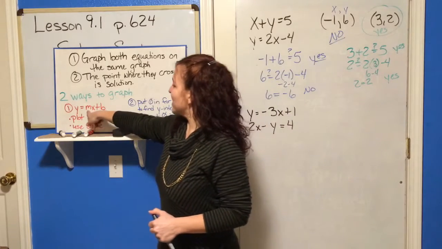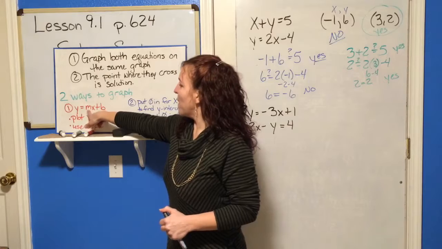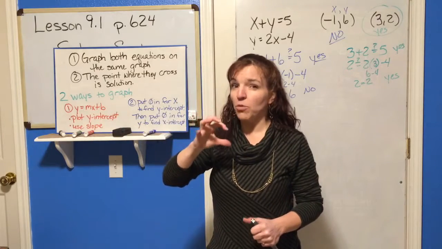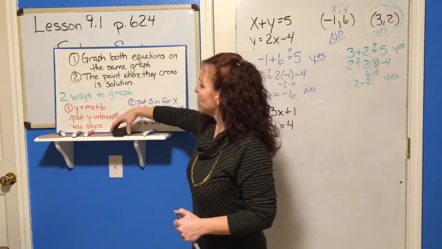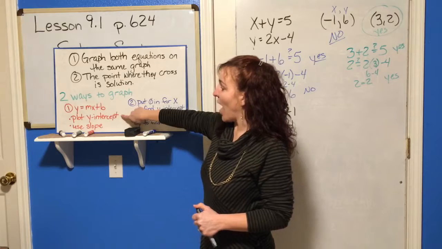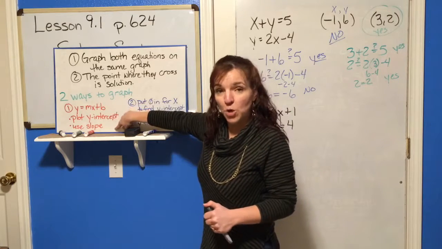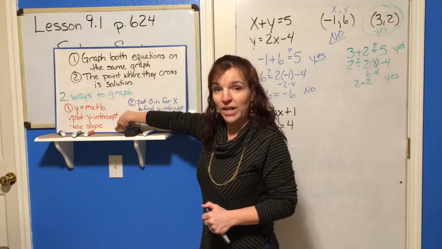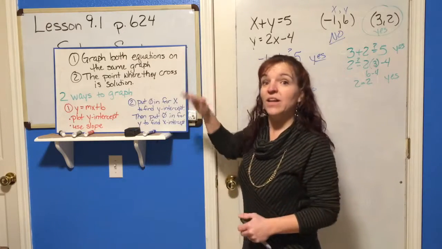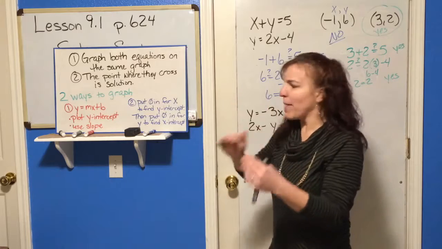What's left then is mx plus b, where m is your slope and b is the y-intercept. Hopefully you remember this. We've done this before. Once you get it into this format, you're simply going to plot the y-intercept and then use the slope to find a second point. Get this in your notes because I'm going to take it away and do one, so have this so that you can refer back.